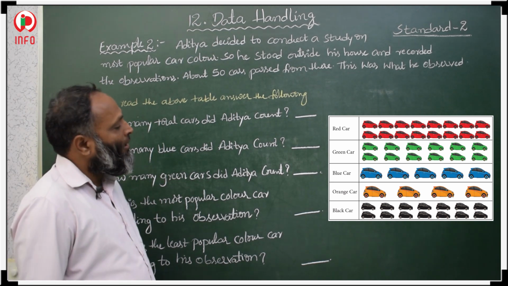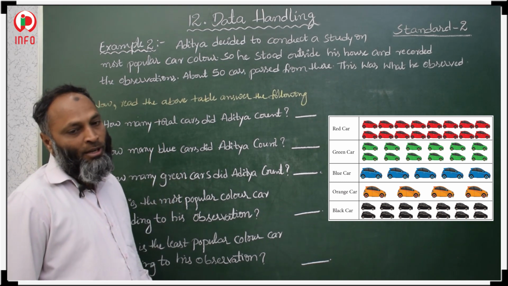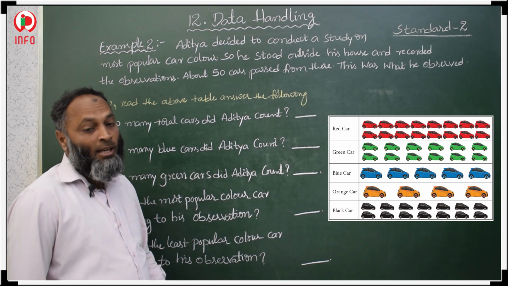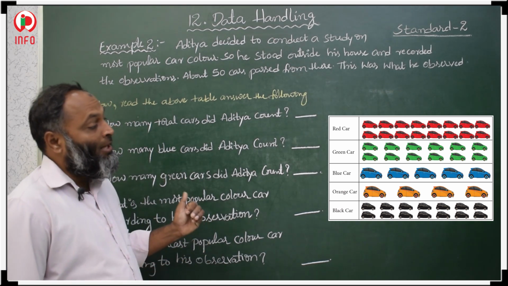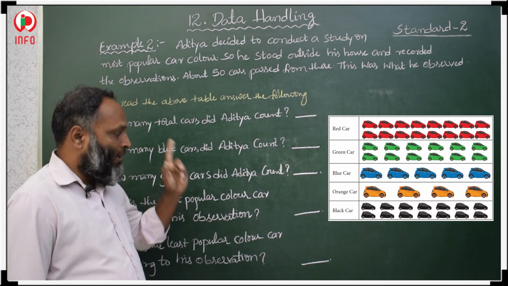So the complete observation is given by a pictograph. He observed red color cars, green color, blue color, purple color, orange color and black color cars. Serial wise it is given.